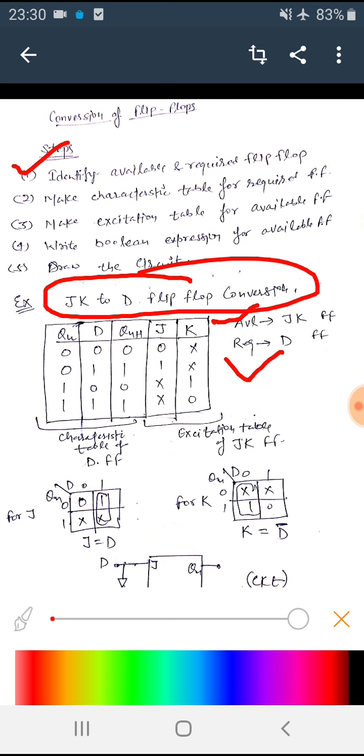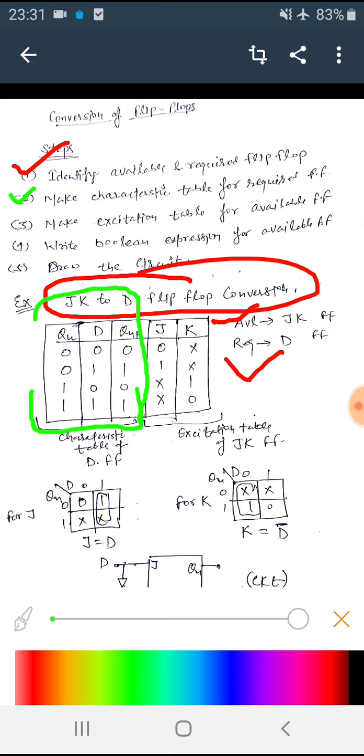So the first step is to identify the available and required flip-flops. Then the second step is to make the characteristic table for the required flip-flop. In this example, the required flip-flop is the D flip-flop.